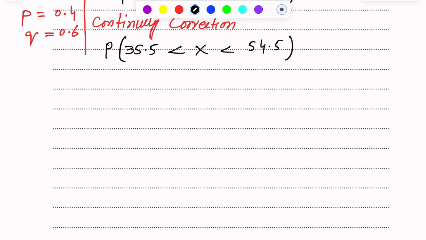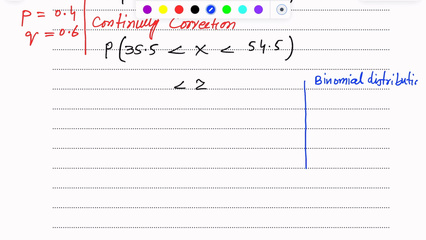First we will find the values of mu and sigma from the binomial distribution.